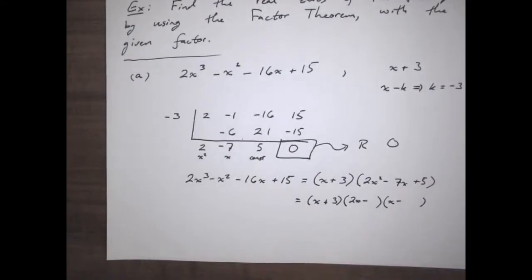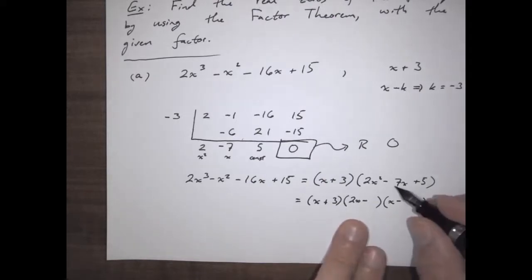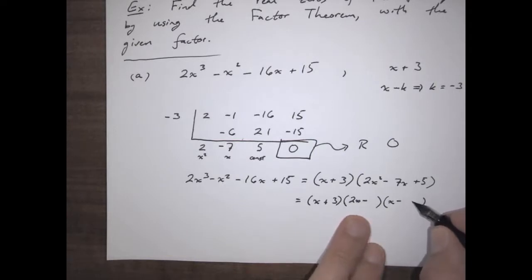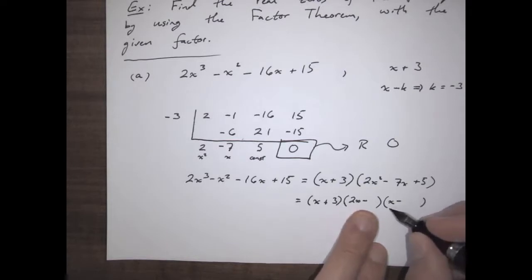It's just a matter of balancing them out, figuring out which one goes where. Well, I need the middle two terms to add up to a negative 7. And I can tell that if I have a 5 here, then that would make 2 times 5, and then minus 1.